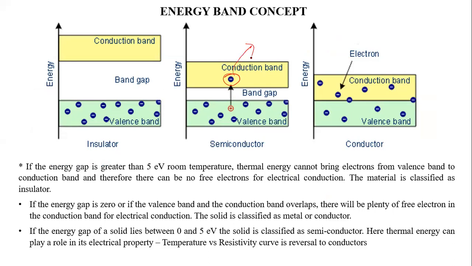Under the action of an external electric field, it will move freely because it is not bound to any particular atom or any chemical bonding. They are just freely available within the solid.